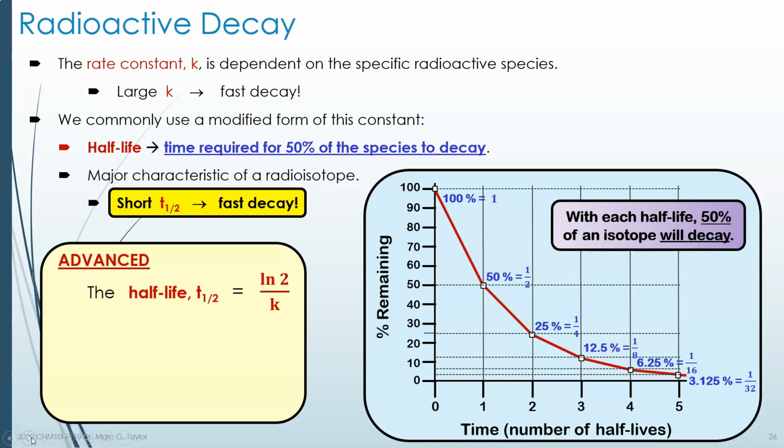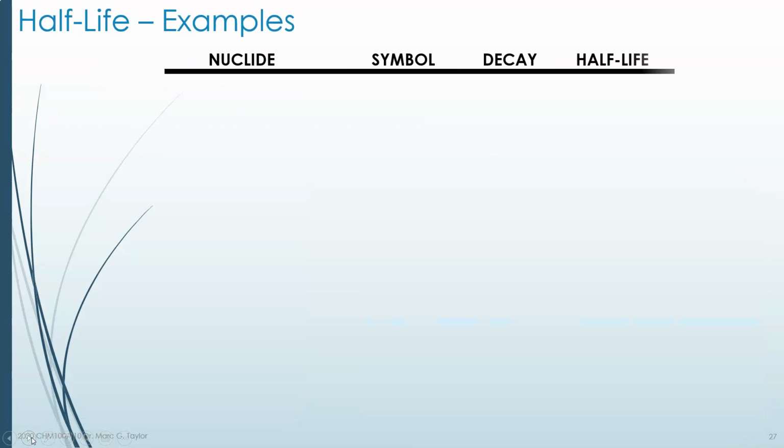In other words, if the rate constant goes up, the half-life will go down. If the rate constant goes down, the half-life will go up. And here it is a little bit more explicit with the math. And you could flip this. If you know the half-life, you can always calculate the rate constant because it's ln 2 divided by the half-life. But you're not responsible for this advanced material.